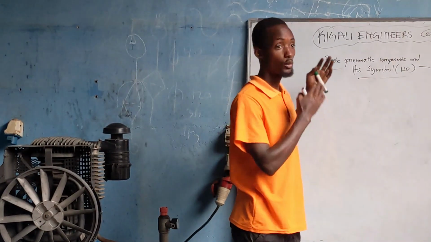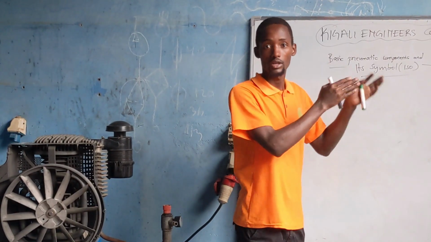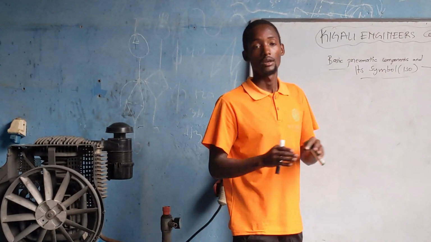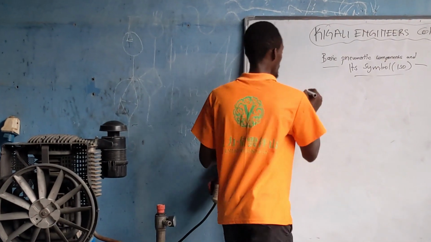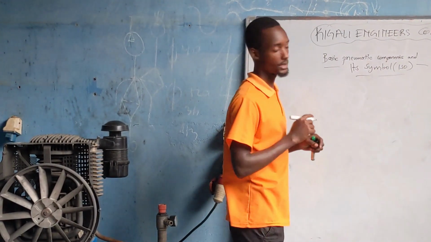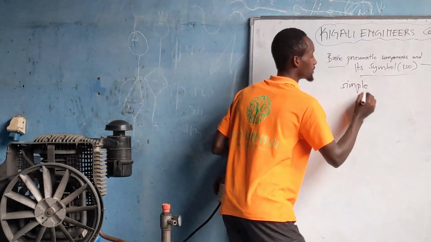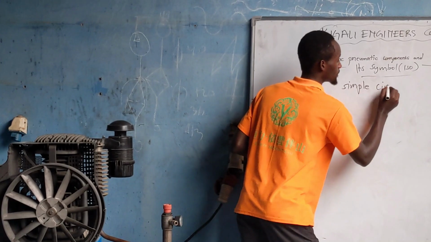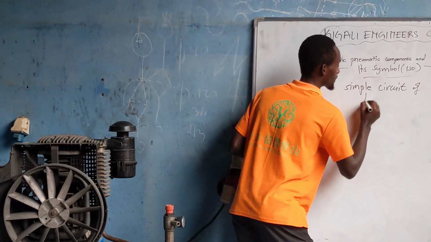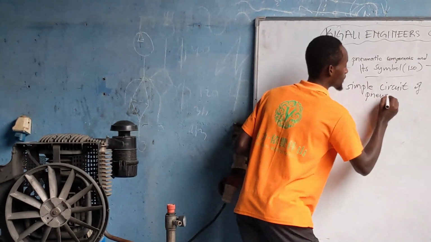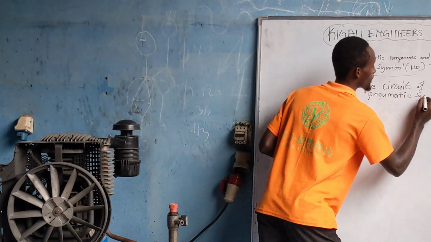Wherever you are, when you write these symbols, the thing it represents in the US or Canada is the same. So let's start with a simple circuit of pneumatic system.